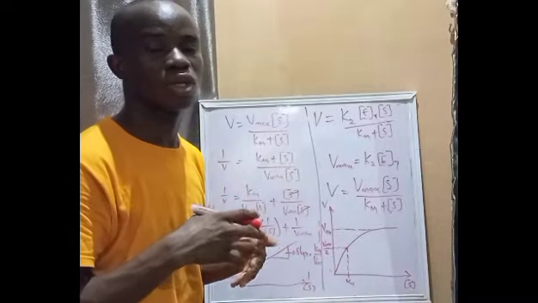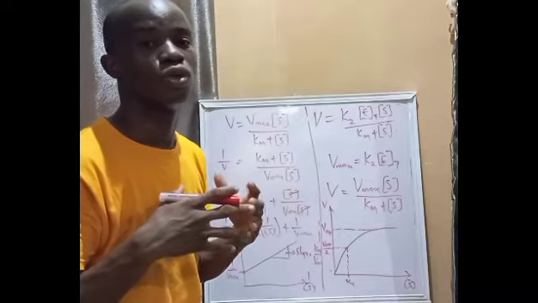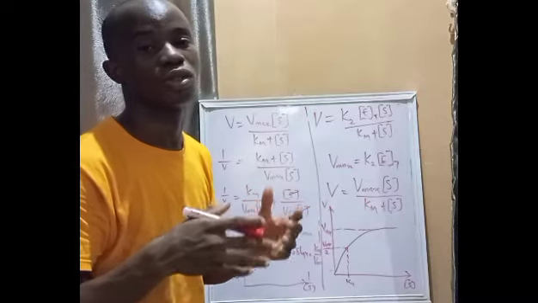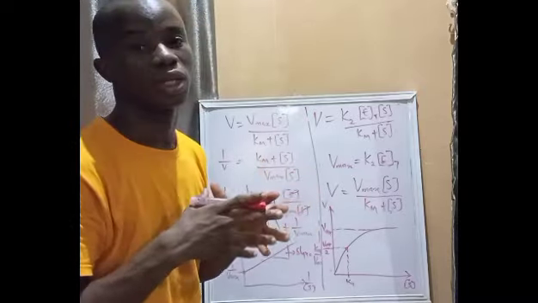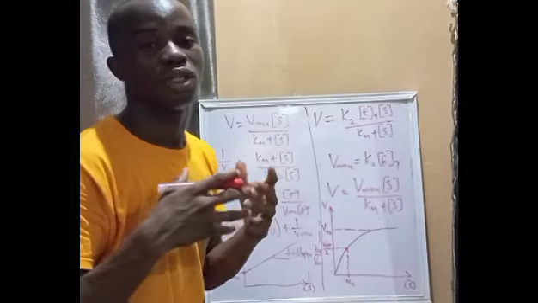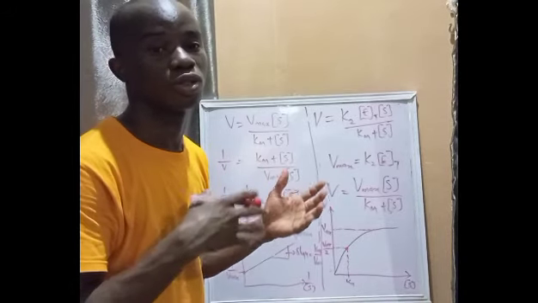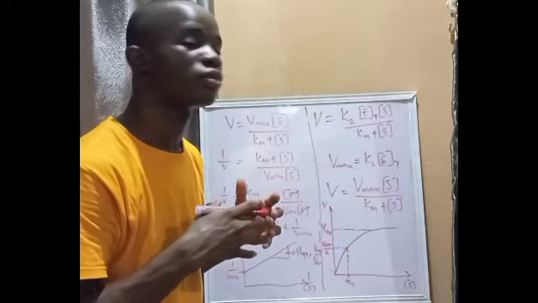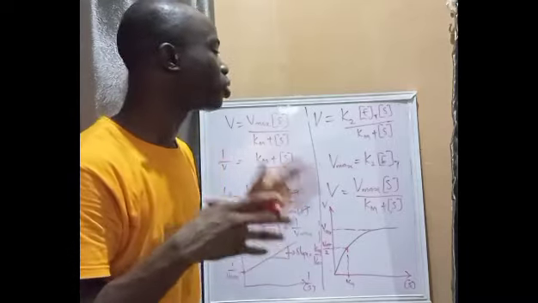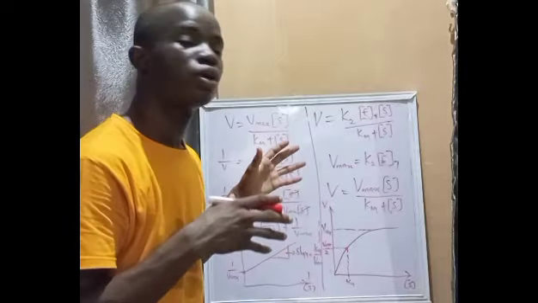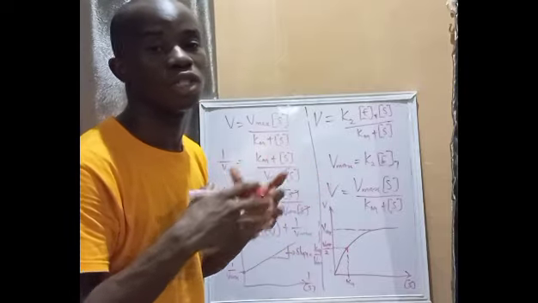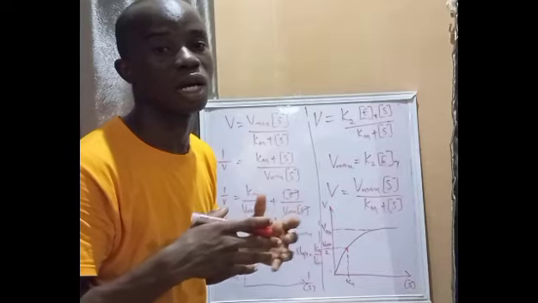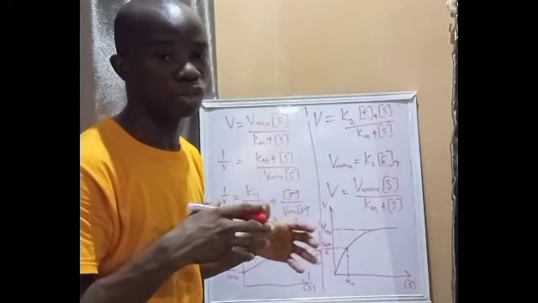In the subsequent video, I hope to go further into discussing different kinds of inhibition that we can have, talking about competitive inhibition, non-competitive inhibition, and uncompetitive inhibition, so that we can have an idea of how to get all these enzyme kinetic parameters as touching inhibitions.